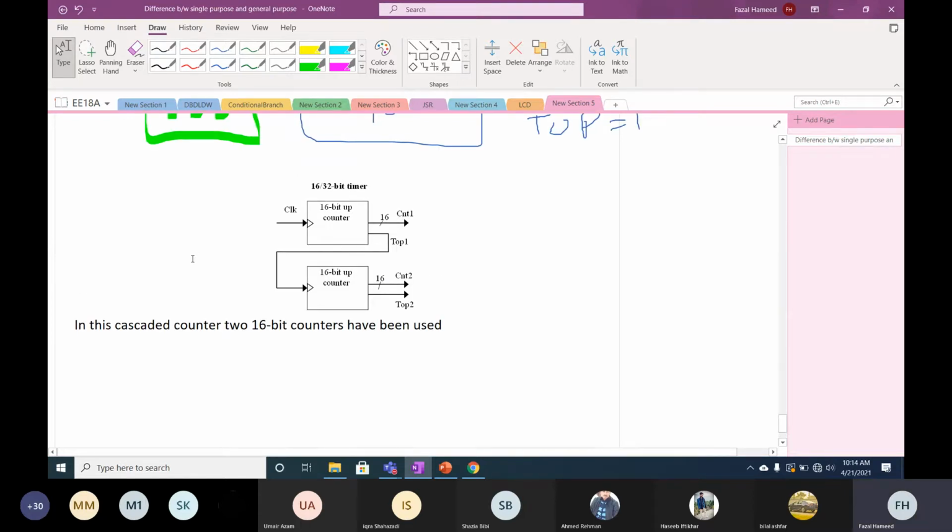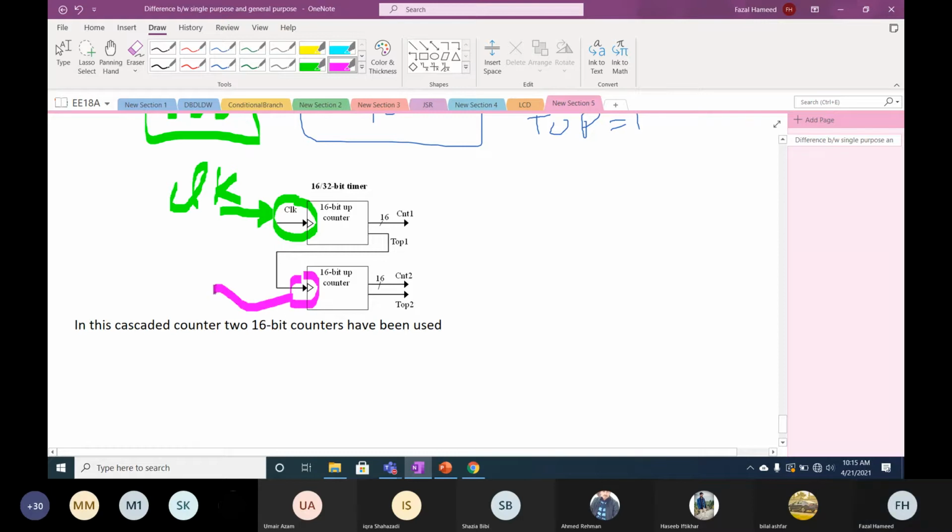If you look at the first counter, it is using the clock as an input. The first counter is using the clock, and the second counter is using which signal?